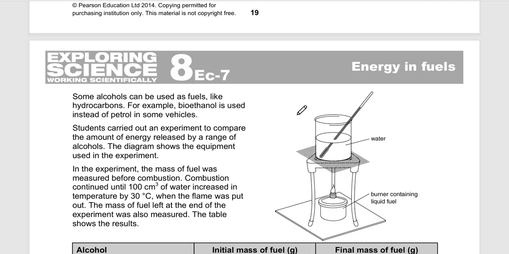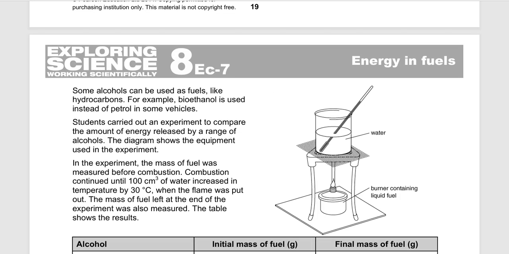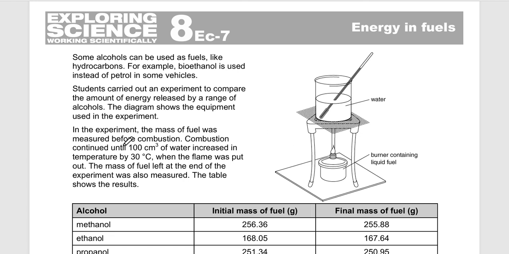Right, so now we are going to discuss the last activity sheet we have on EC. This is EC 7, it's about energy in fuels. Let's go through it and write down the answers to the questions given there.